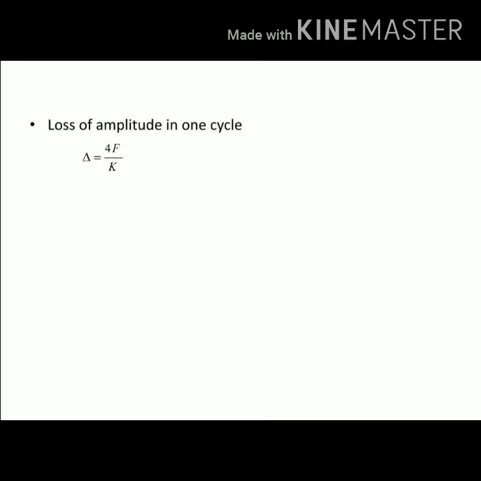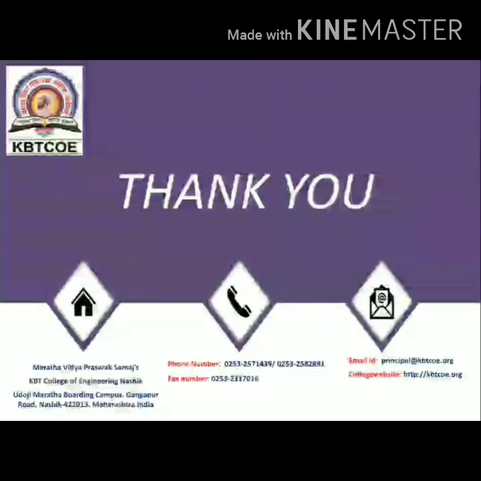Here δ represents loss of amplitude, F is the friction force and k is the spring stiffness. So in Coulomb damping, the difference between any two successive amplitudes is constant and is δ is equal to 4F by k. Thank you.